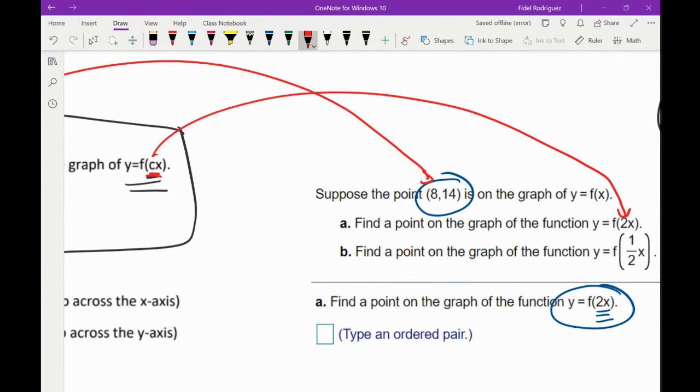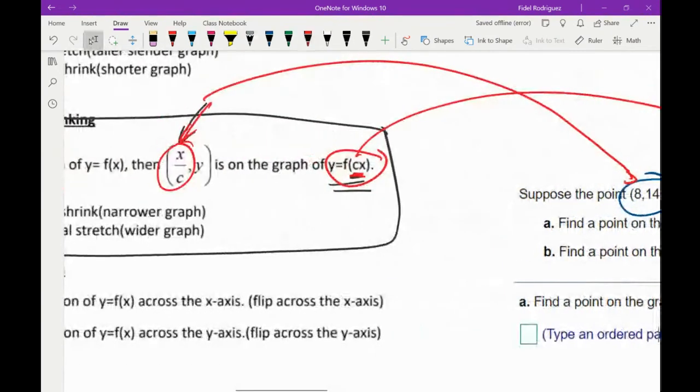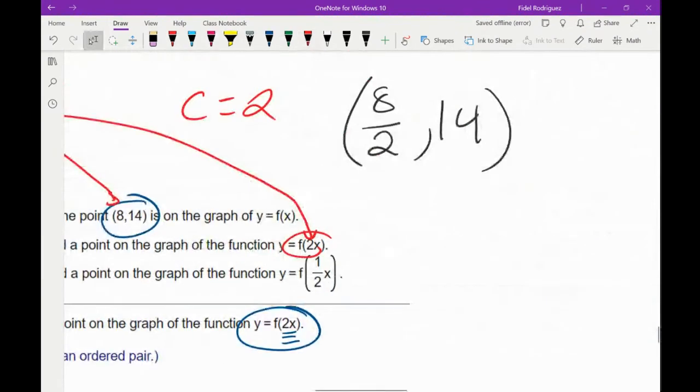If I do a little stare and compare, and I look at this right here, and I look at this right here, my c would be the number 2. Look what it's telling me to do. It's telling me, hey, take your x number and divide it by whatever c is. So we're doing that. What's 8 divided by 2? 4. So look, the answer is going to be (4, 14), right?